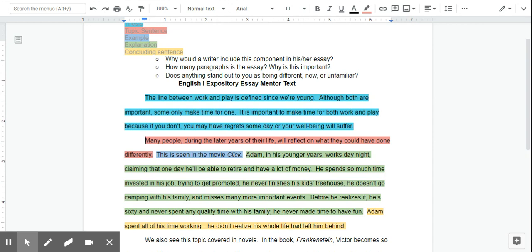So they give us more information so that we understand it, and then that last sentence ties the movie back to the thesis statement up here. So it does everything that an expository paragraph needs to do. It's very organized and it makes a lot of sense.